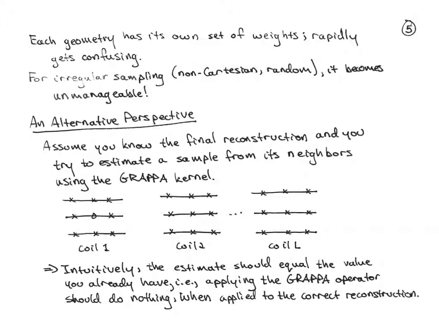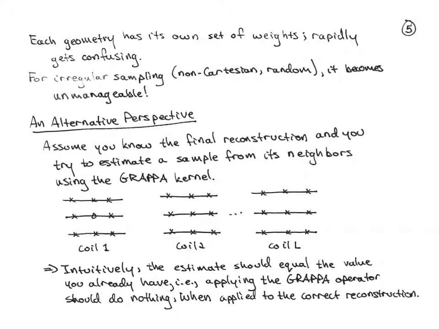So SPIRIT is based on an alternative perspective on how we apply the weights. Let's take a step back and assume that you know the final reconstruction already. You've already reconstructed the final full k-spaces, and you're trying to estimate a sample from its neighbors using the GRAPPA kernel. Let's say we have all the data, we knock out one sample, and we're trying to estimate that sample from its neighbors using the GRAPPA kernel.